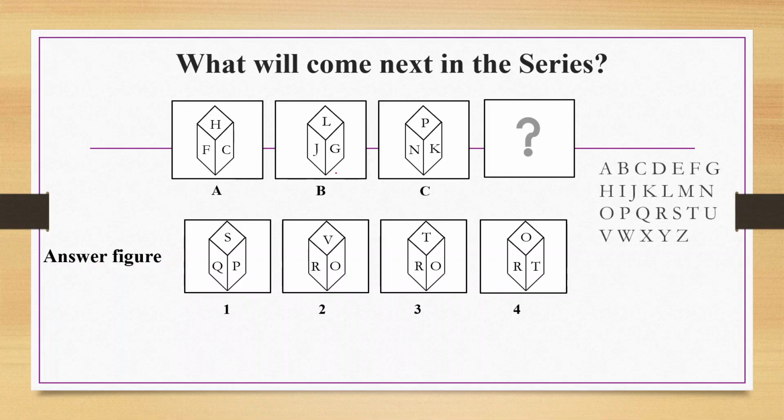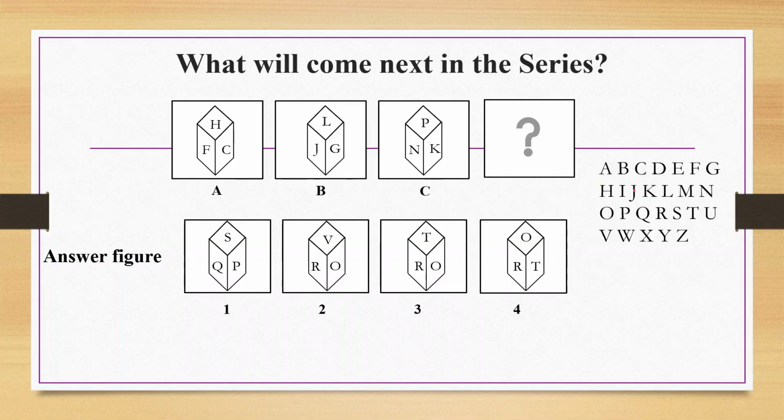See, for better understanding, I brought you this alphabet table. So here, see, on the top face in option B there was alphabet L, which was four alphabets ahead of the alphabet which was there on the top face of option A. So four alphabets ahead means, see, in the top face of option A we were having H.